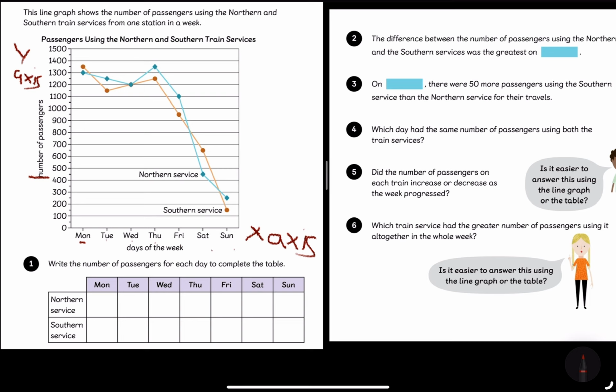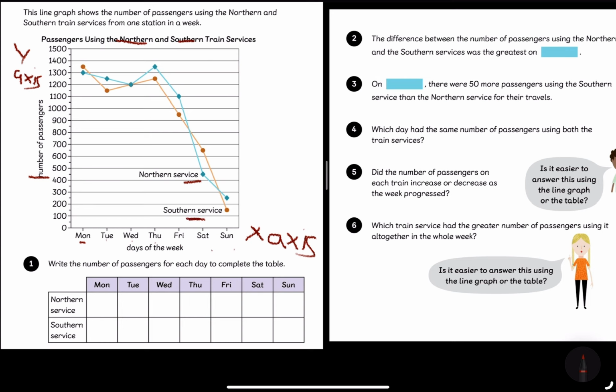The passengers are divided into two services, my northern service and southern service. We'll start with the northern train service, since our table demands us to start with that one. My blue line signifies the northern service and my golden or orange line signifies my southern service.